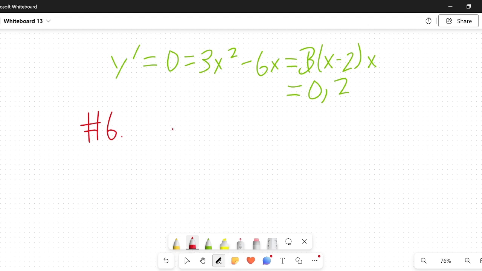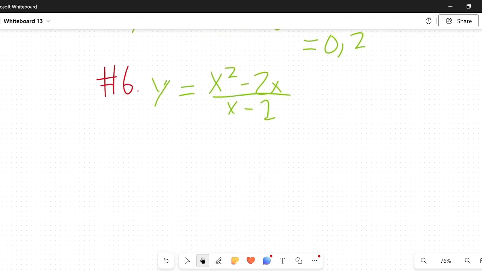So we're actually going to write using a sign chart, but essentially let's say we have a function y equals x squared minus 2x over x minus 1, right?